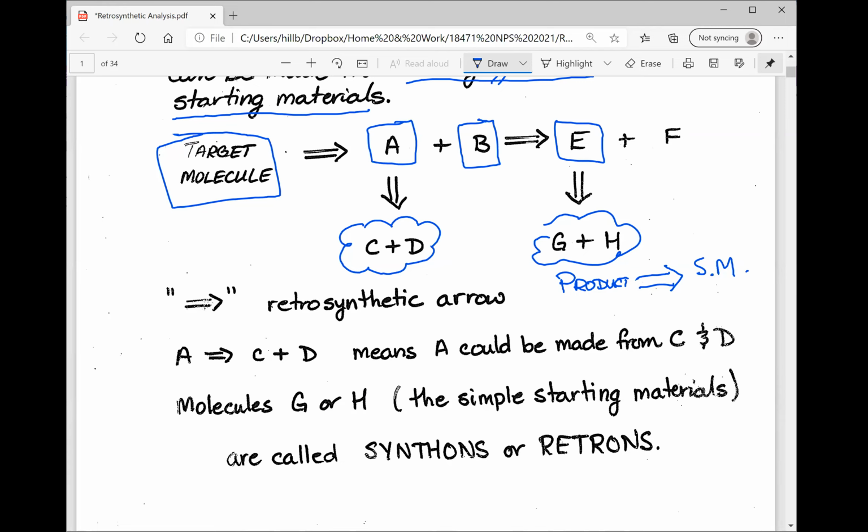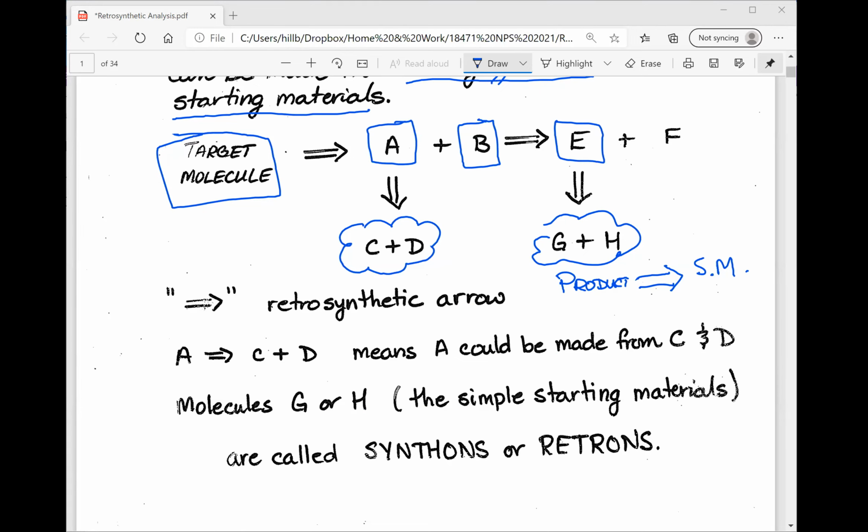So the way that I've drawn this little retrosynthesis here, what classification of synthesis would this be if it was built like this? Do we remember? Convergent.